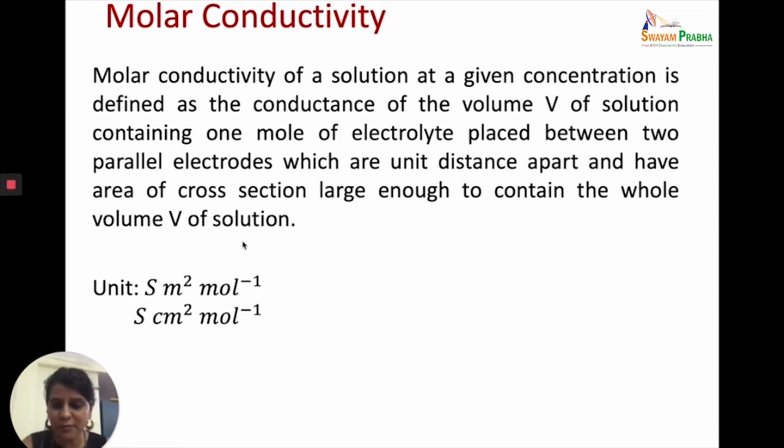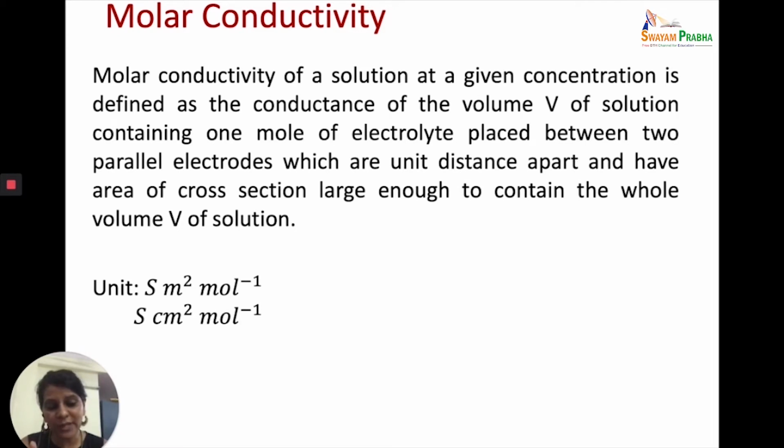Just to explain it a little further, if I take volume V of any electrolytic solution, and it has only 1 mole of the electrolyte, then if I want to measure its molar conductance, the platinum electrodes used should have a distance of unity between them, and the plates' area of cross section should be equal to V. That is, A should be equal to V so that the whole volume of the solution can be accommodated between the two parallel plates.